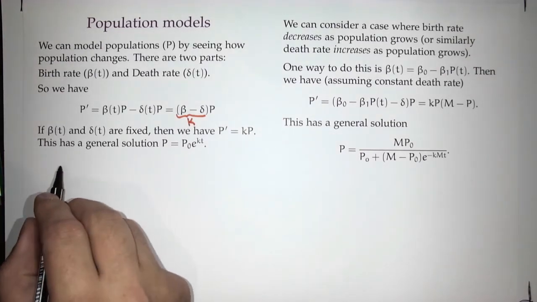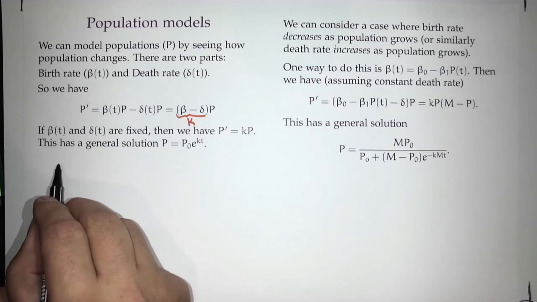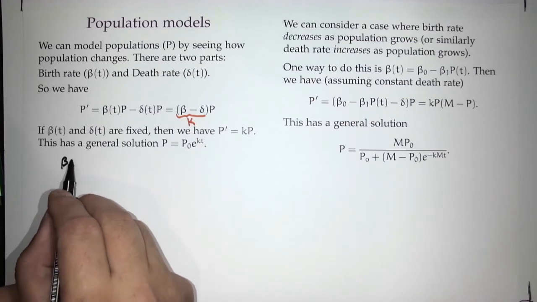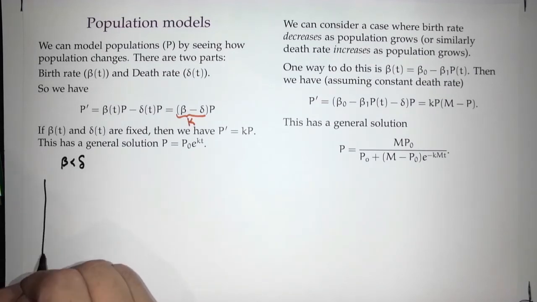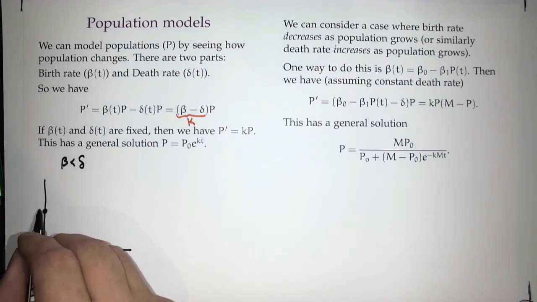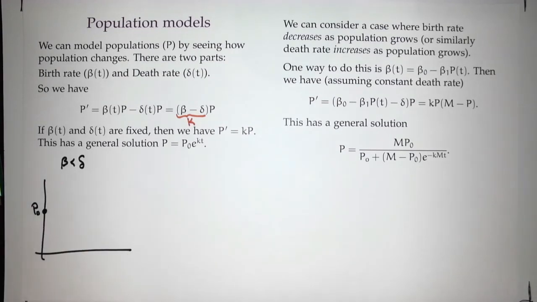Now, let's point out a few things that could happen. What would happen if beta were less than delta? Let's think about our intuition. Here's our initial population. Births are smaller than deaths. What should be true?